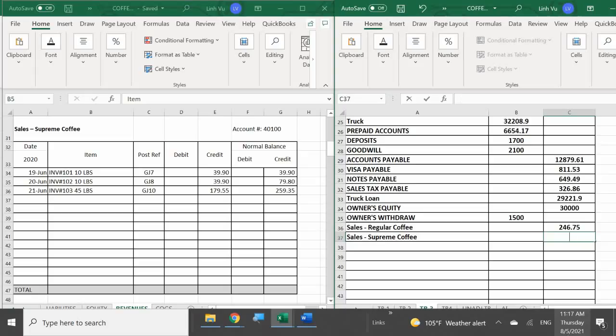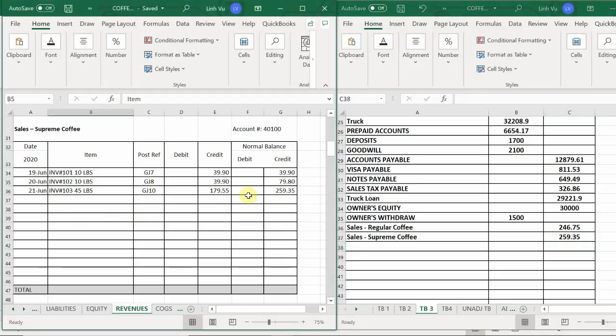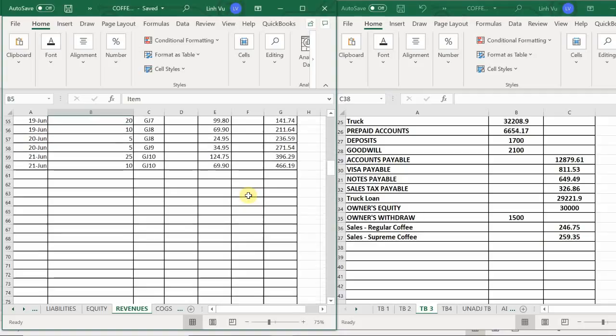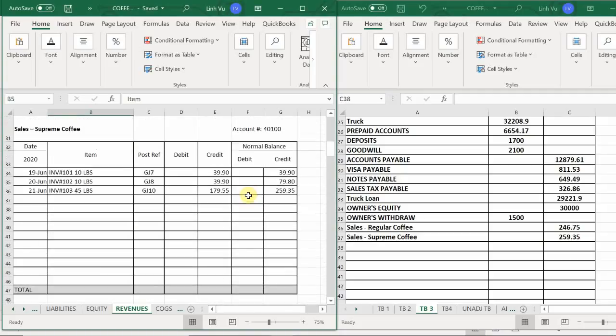Let me see. So it should be $259.35. The 1170, I believe, is for the medium regular cups. Right. So $259.35.